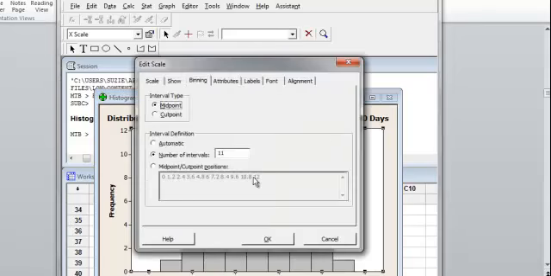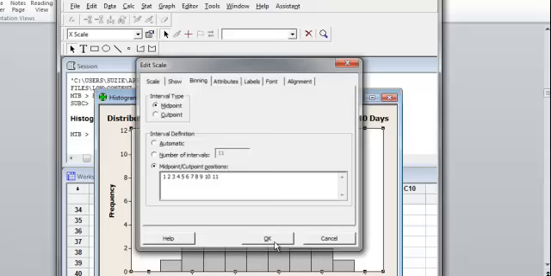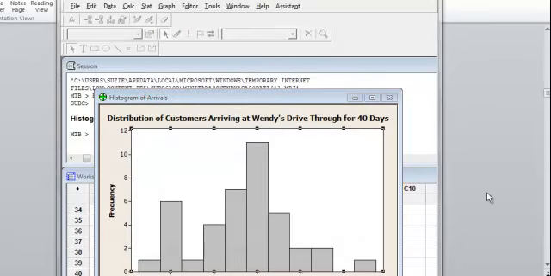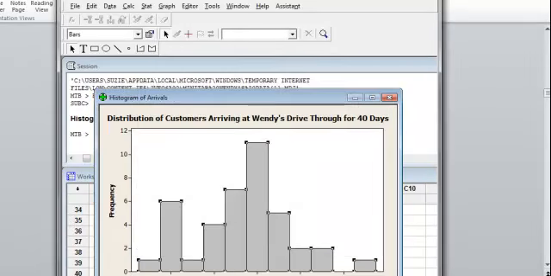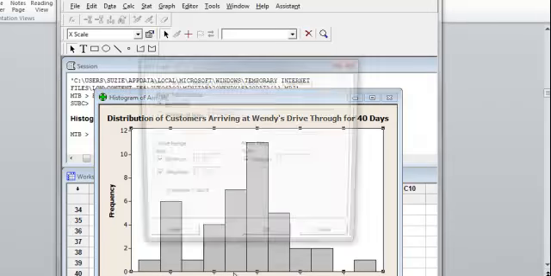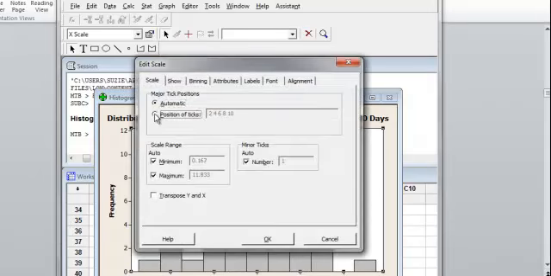So I go into binning and I actually put them in, and I'll put in 1, 2, 3, 4, 5, 6, 7, 8, 9, 10, 11. Now I've got it more where I wanted, and now I can put the tick marks at each one. I could change the colors of the bars if I wanted to. So I'm going to go in here and put the position of the ticks at each one.